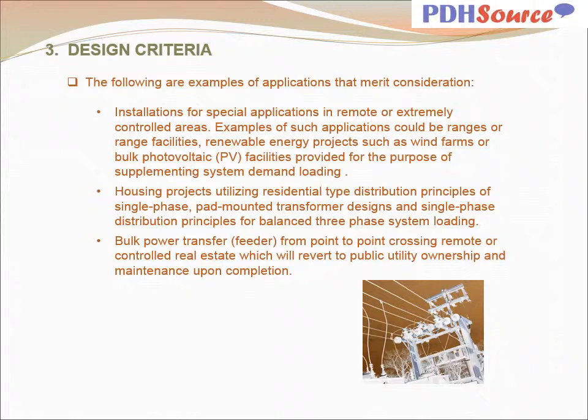Housing projects utilizing residential type distribution principles of single-phase pad-mounted transformer designs and single-phase distribution principles for balanced three-phase system loading. Bulk power transfer feeders from point-to-point crossing remote or controlled real estate which will revert to public utility ownership and maintenance upon completion.